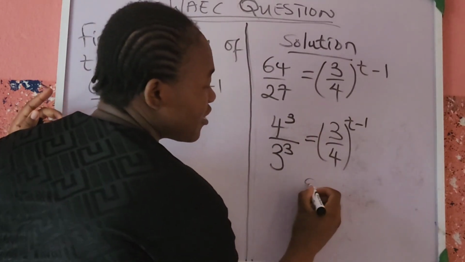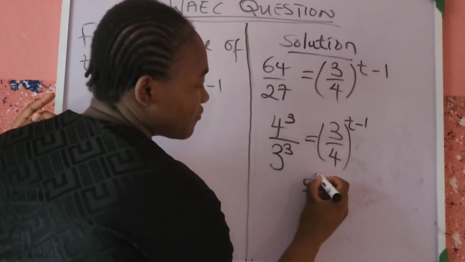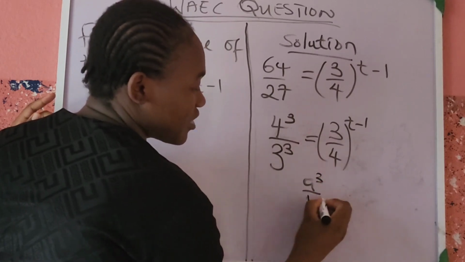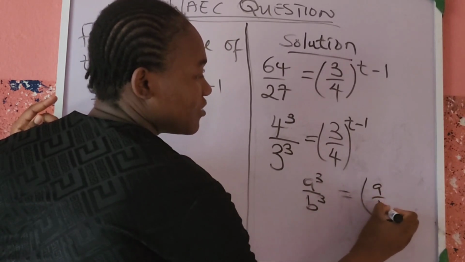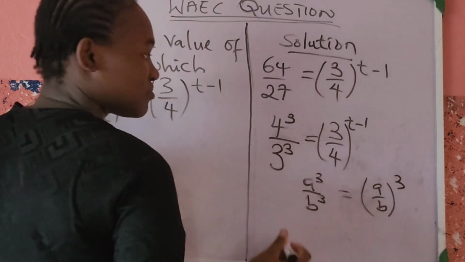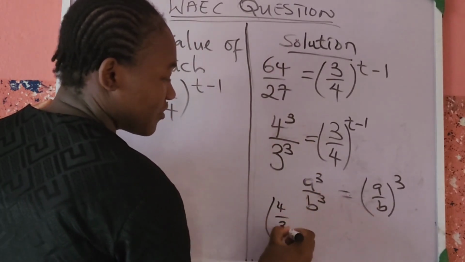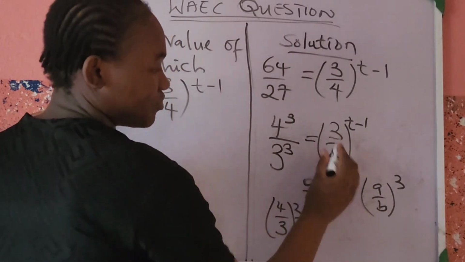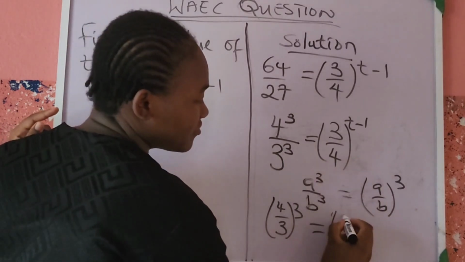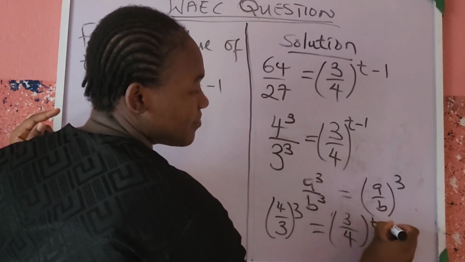When we have a to the power of 3 all over b to the power of 3, this is the same as (a/b) all to the power of 3. So we have (4/3) to the power of 3 equal to (3/4) to the power of t minus 1.